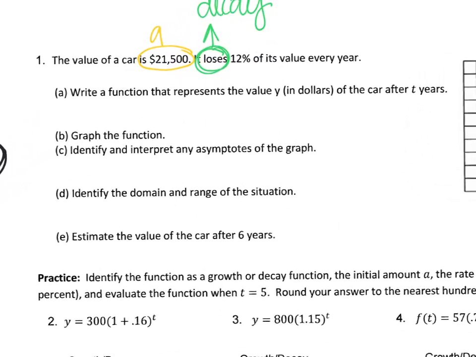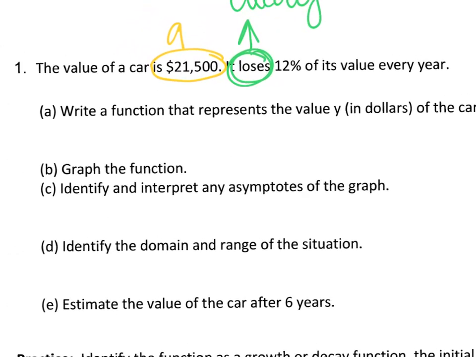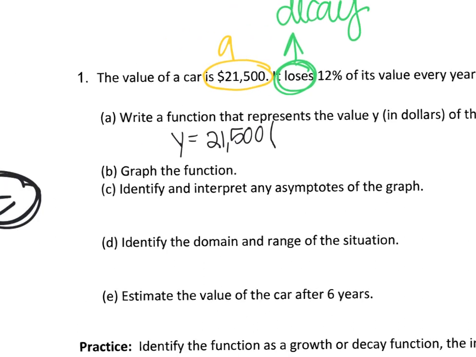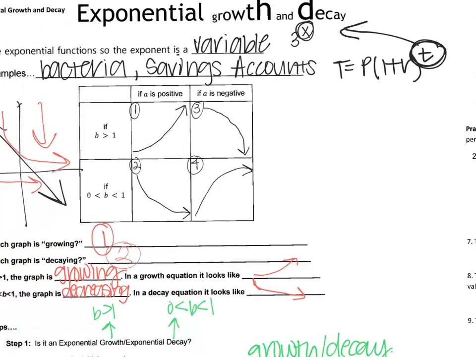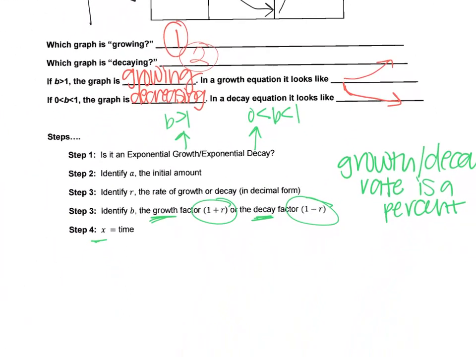I'm going to plug in my A. I know what my A is. So I've got y equals A, which instead of A, I'm putting 21,500, times B. Now this is the tricky part. If you remember over here, B is the growth factor.